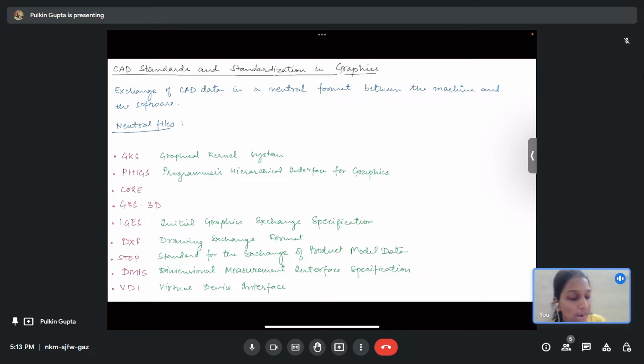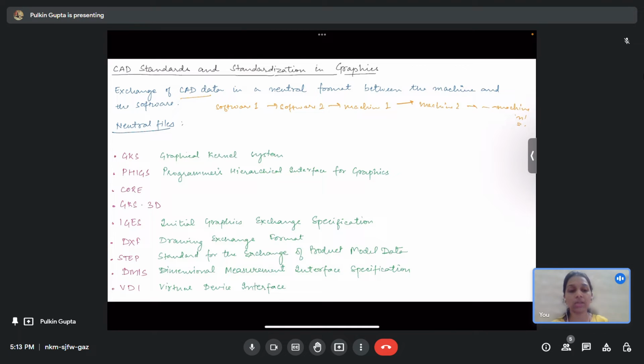Your CAD needs to travel from software 1 to software 2, to machine 1, machine 2, and to machine N, so that everything remains compatible with each other and there are no changes in the CAD data when you transfer data from one software to another and from one machine to another.